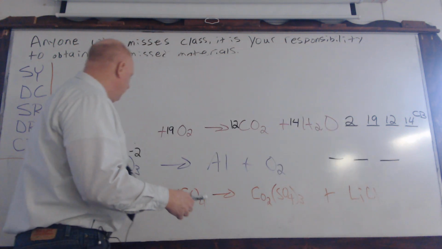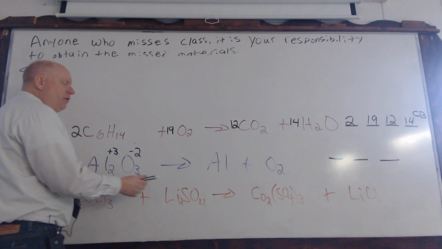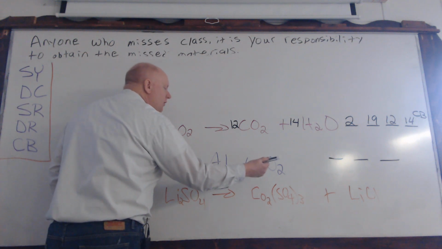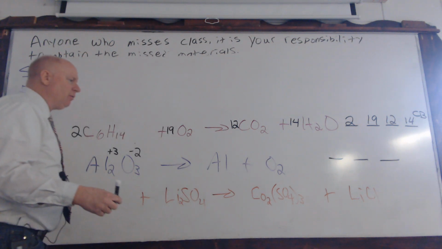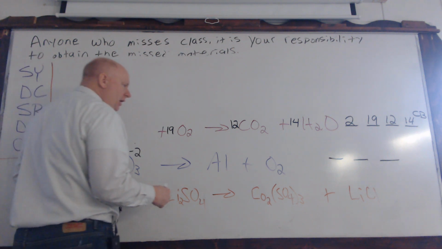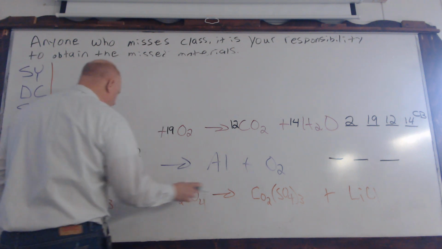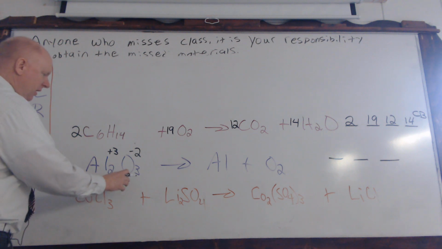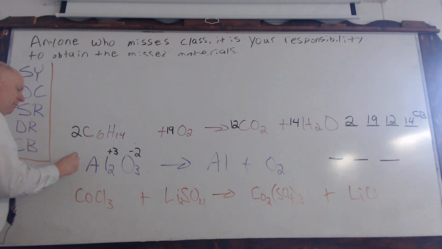Okay? We have an odd number here. These come in pairs. So the best thing to do is what? Double your oxygen. Okay? We're going to double our oxygens here or here. Okay? Because remember, this is an odd number. We need to make that an even number. Okay?